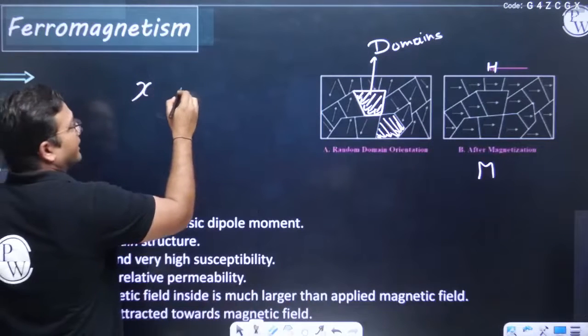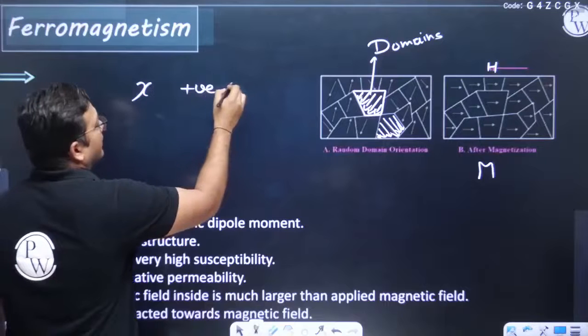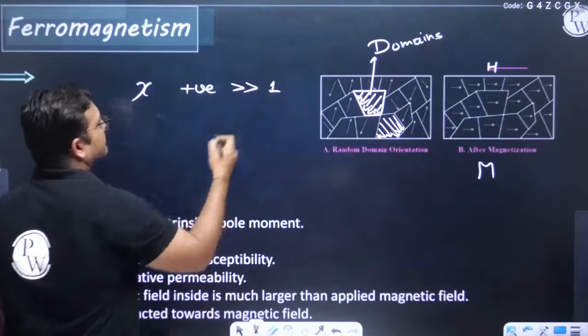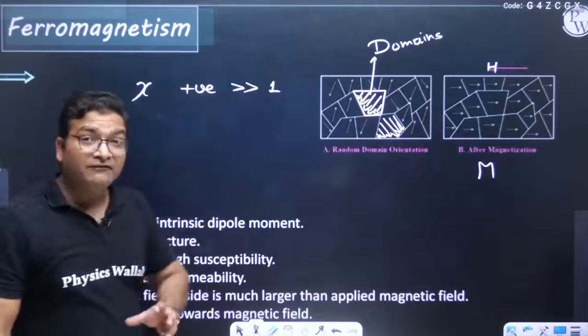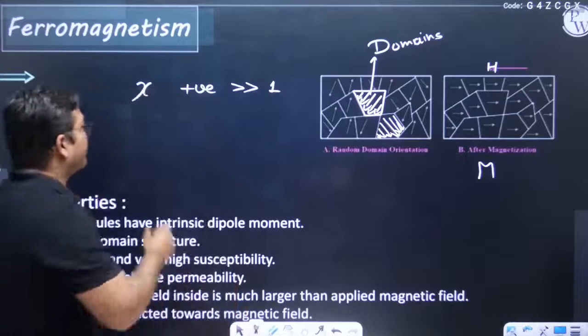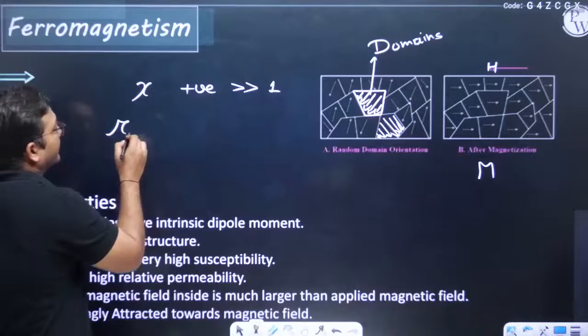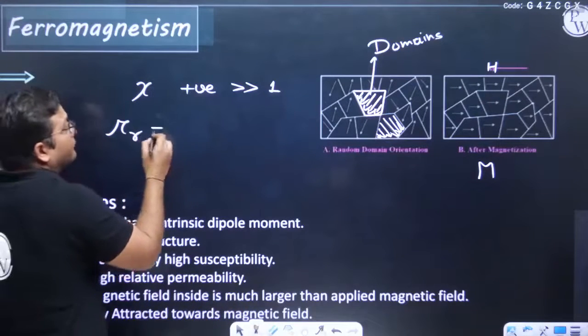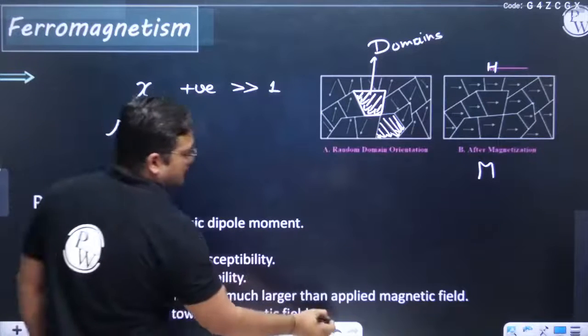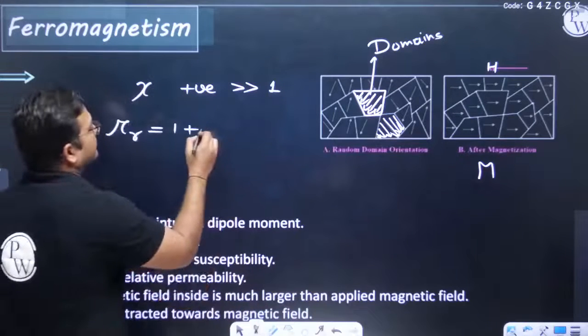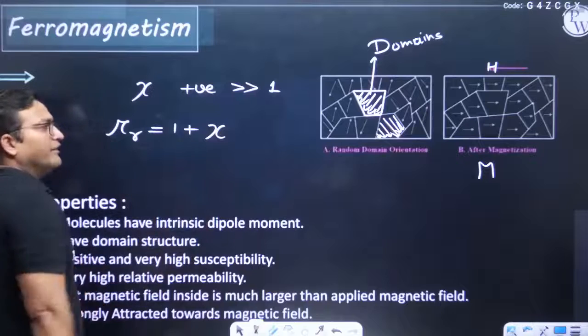So here we have susceptibility very high, positive, and much larger than 1. If we have positive and very large susceptibility, the relative permeability, 1 plus chi, is also very large.